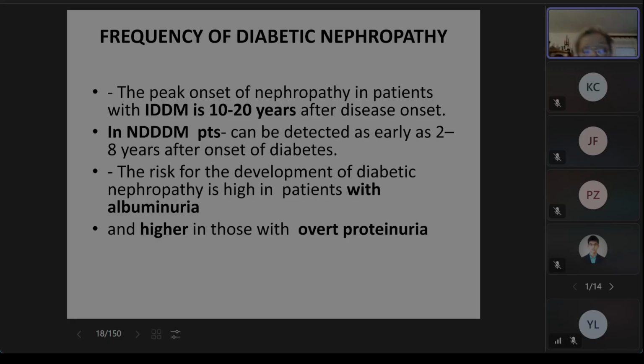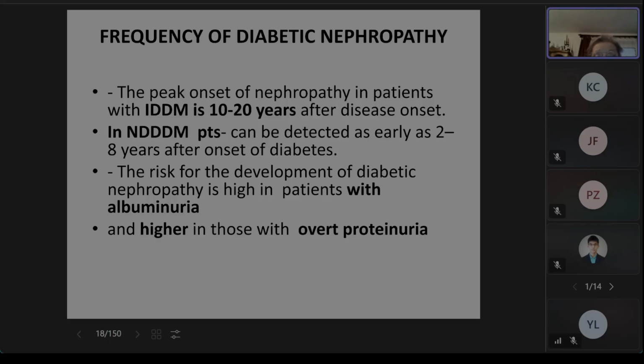Why? Because, as you know, type 2 diabetes mellitus is living in the patient even 5-6 years earlier than we can detect it. We can detect it occasionally, for example, when the patient is sent into the hospital because of a stroke or heart attack. And by the way, we can find that the patient has in fact been suffering from diabetes mellitus for some years.